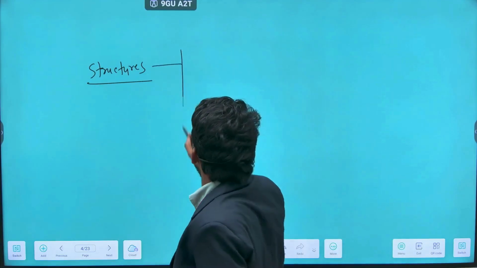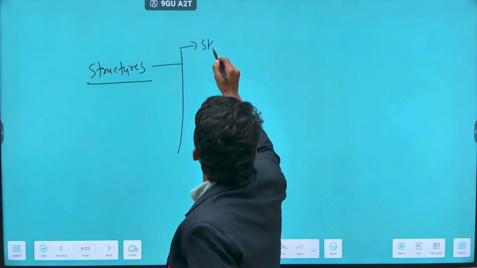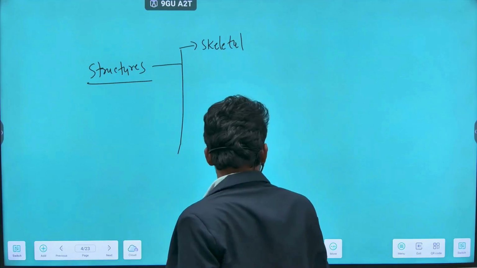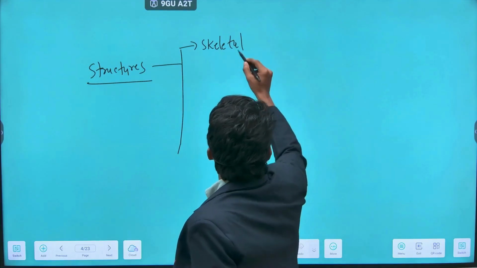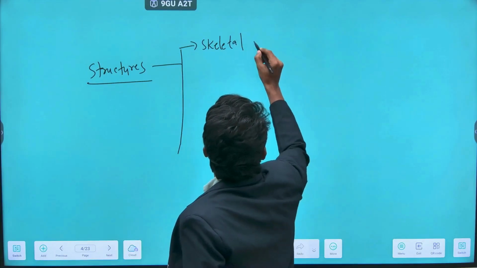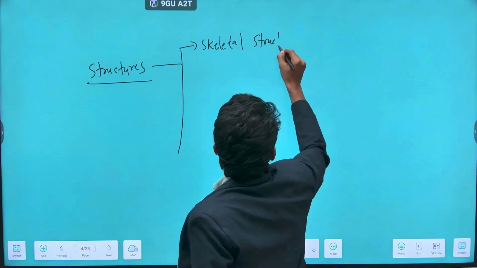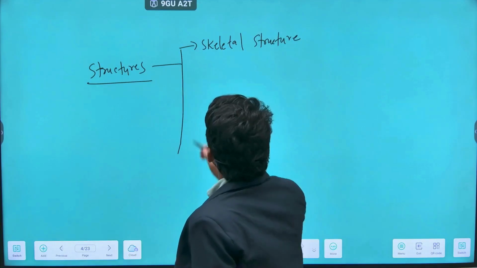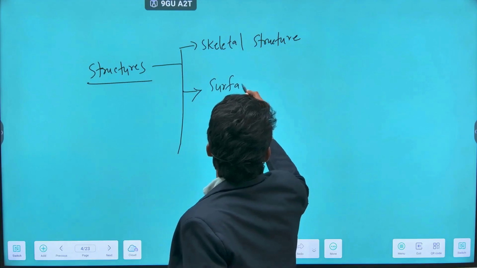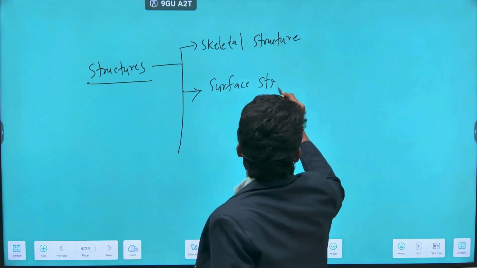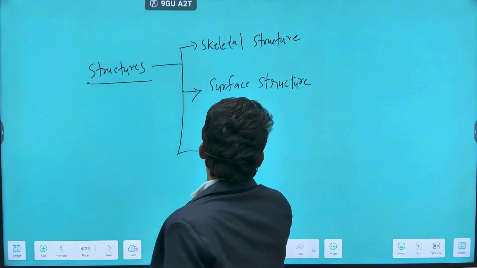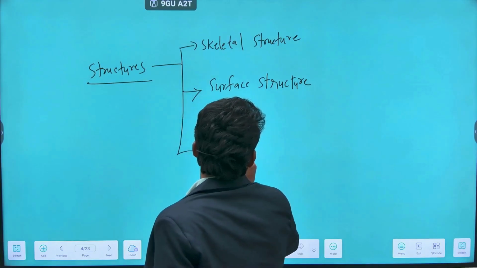First one is a skeletal structure. Second one is a surface structure. And the third one is a solid structure.